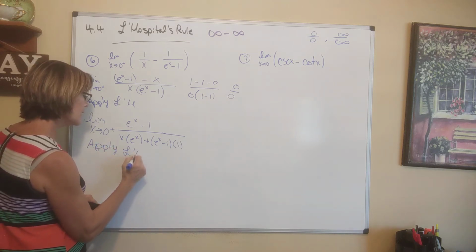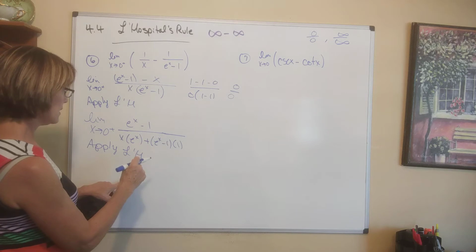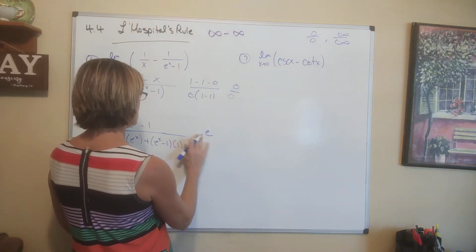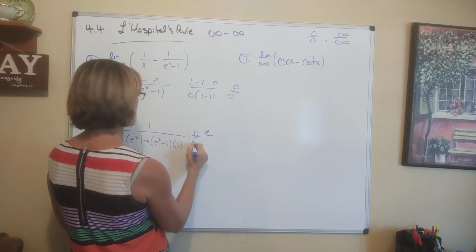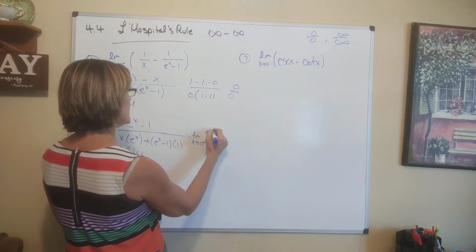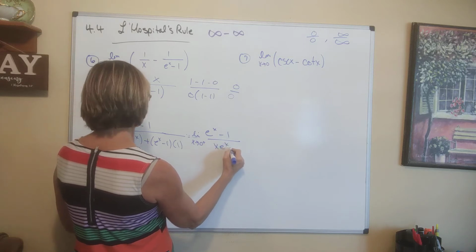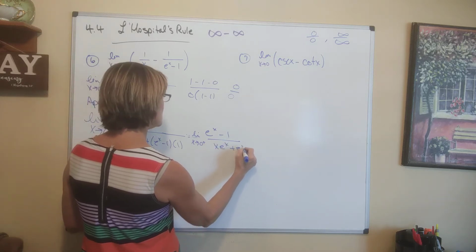Apply again. Let's see what's going to happen here. This is the limit as x goes to 0 from the right of e to the x minus 1 over x e to the x plus e to the x minus 1.